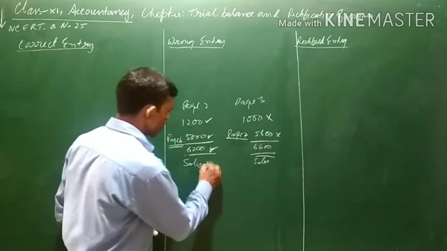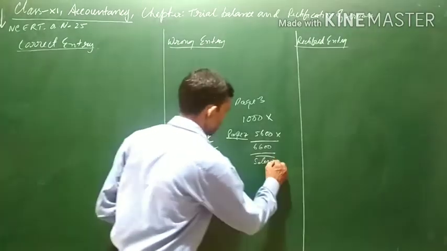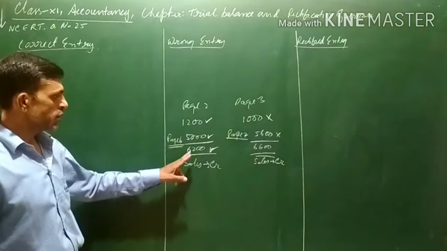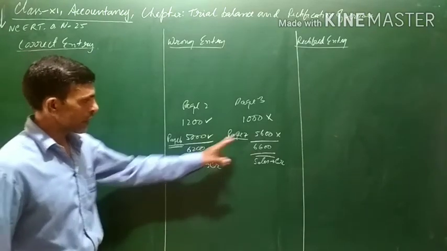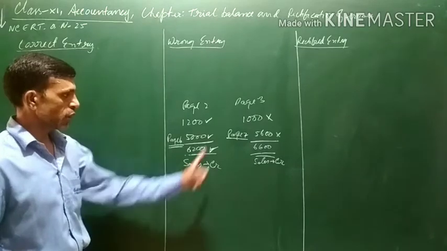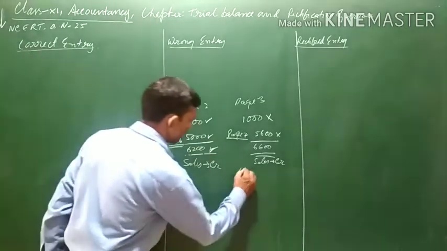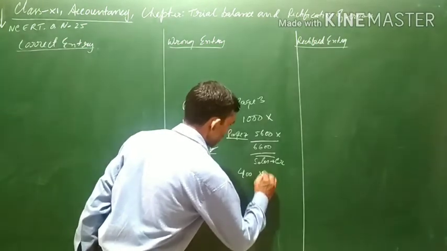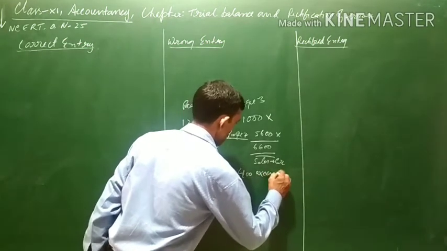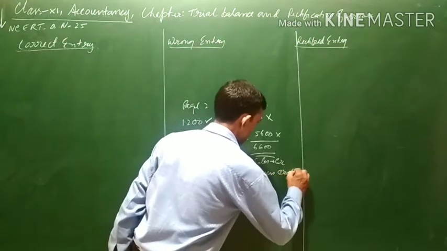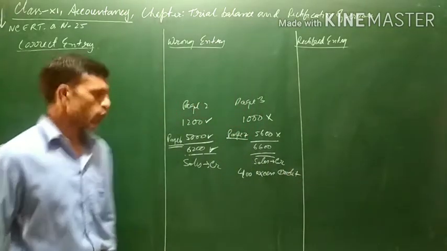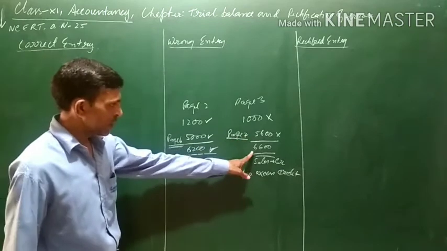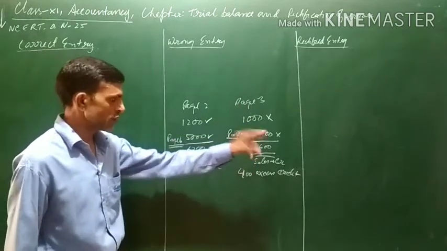And as you know, sales is credited. Whenever goods are sold, it is to be credited. It means instead of 6200, the credit here is 6600. Means 400 excess credit has been recorded in the next page instead of 6200.